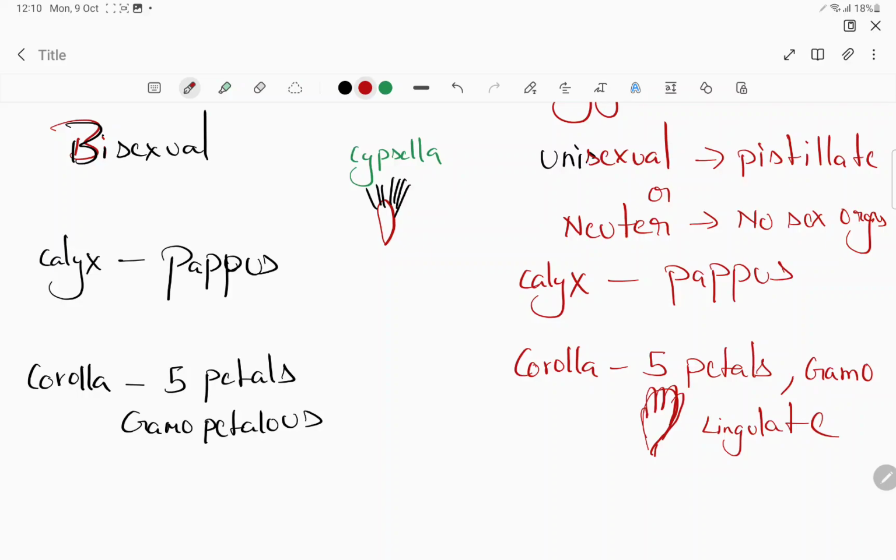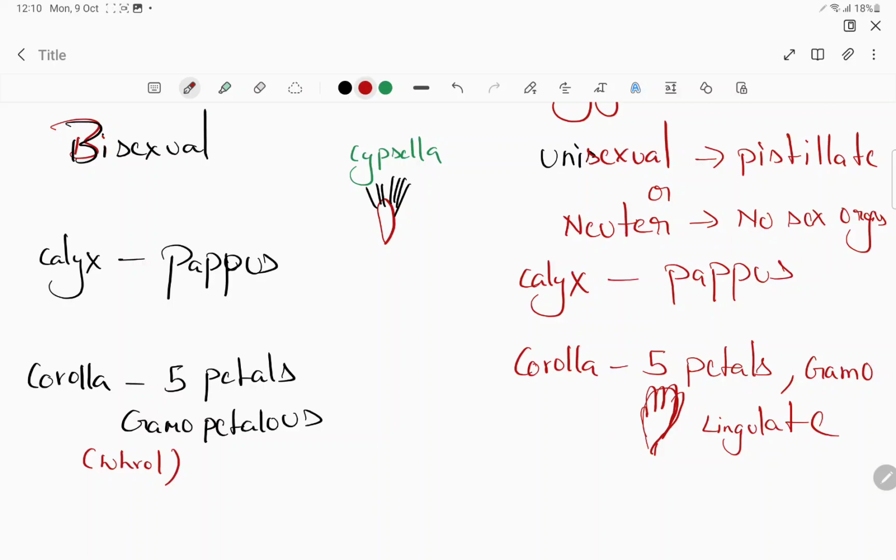That's why we call them ray florets. In disc florets, all are arranged as a full whorl. In ray florets, they are fused to form one petal, tongue-shaped. That is the difference.